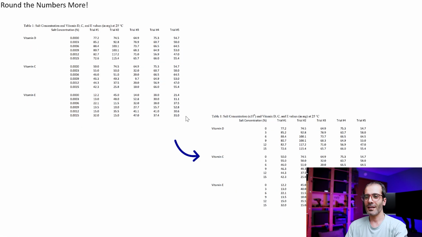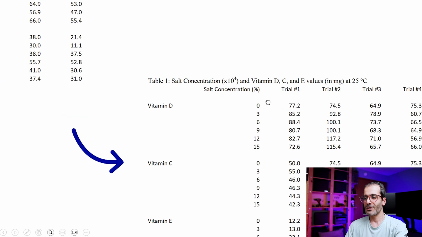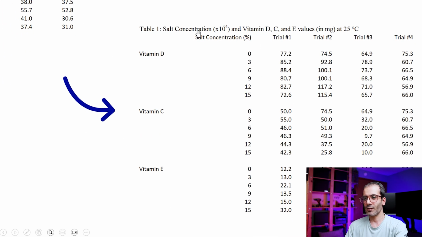And the next step is to round even more. So here you can see for this salt concentration, I have reported up to 4 digits after the point, right? But I can change that to these numbers, and just for the salt concentration in the caption, I can put times 10 to the minus 4, so people know that they have to multiply these numbers by this to get the actual concentration.